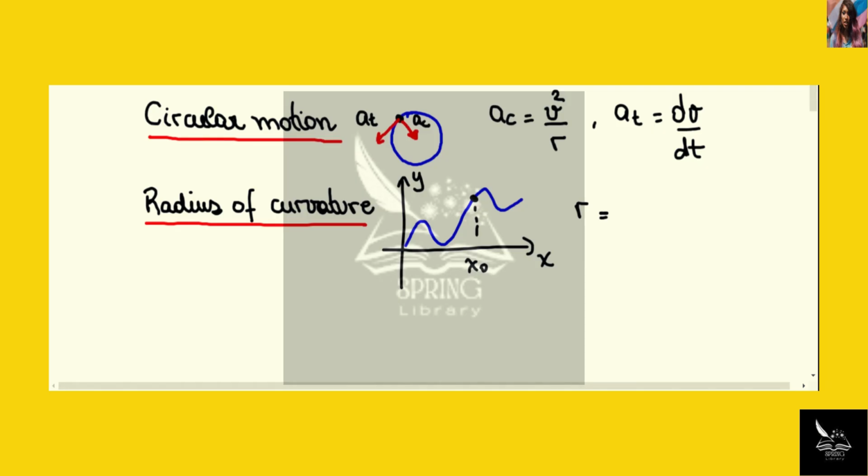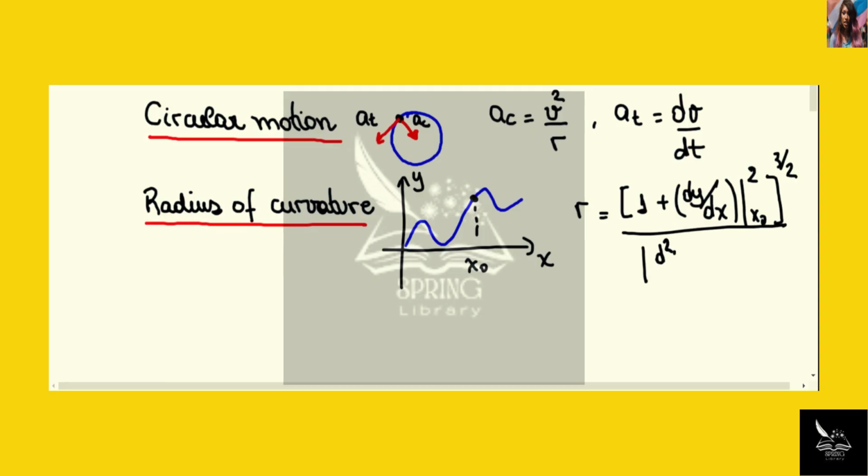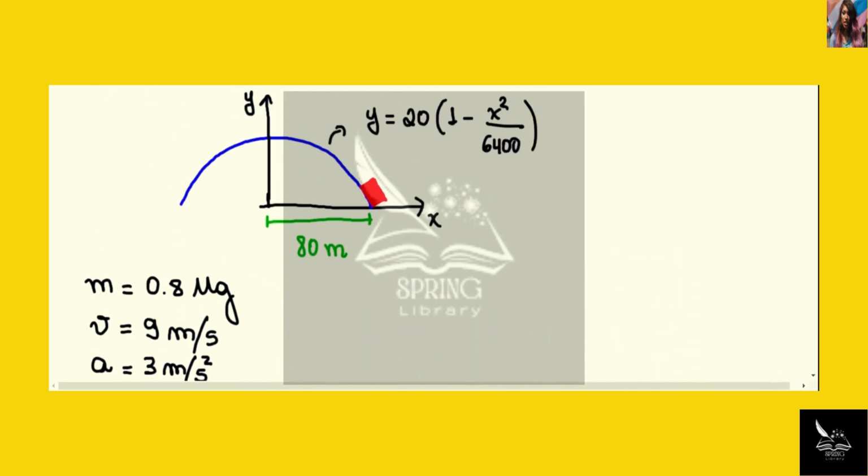In order to find r, the radius, I'm going to take 1 plus the derivative of y with respect to x, calculated at x0, squared, to the 3/2, divided by the magnitude of d2y dx2. Okay, so now we are able to solve the exercise.